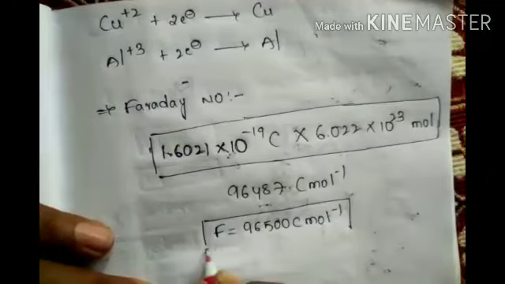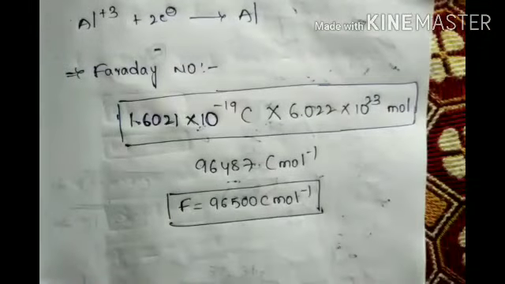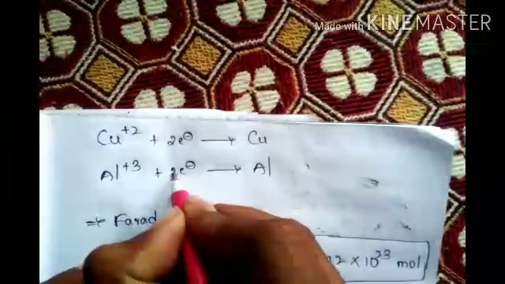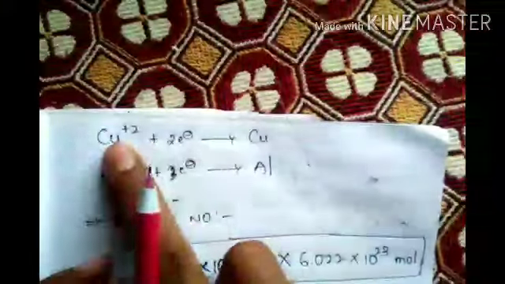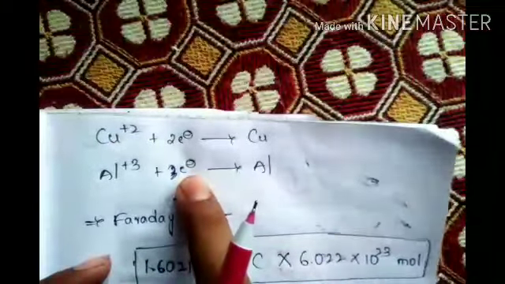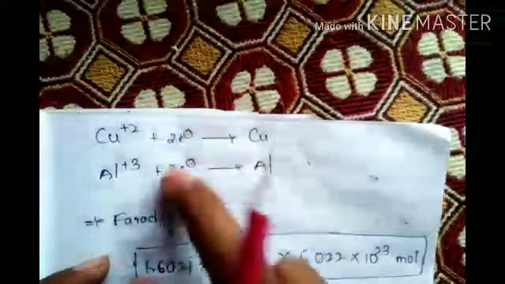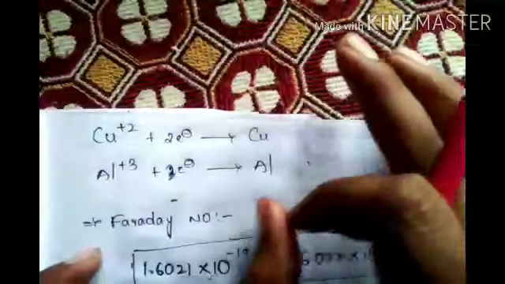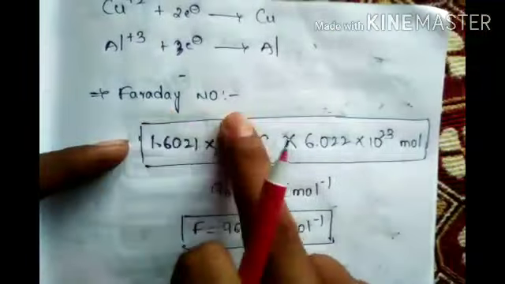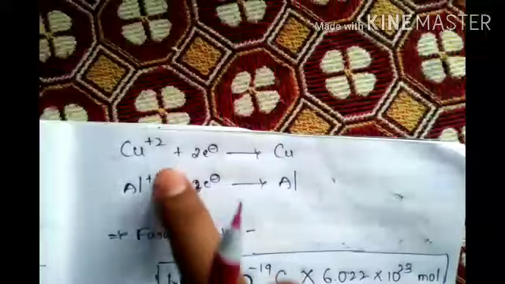This is Faraday's number. Here 3 electrons, here 2 electrons, here 3 electrons, different numbers of electrons are there. Here 2, here 3, Na+ is 1, like this, whatever the number. But by using Faraday's number, we can treat it as a constant.